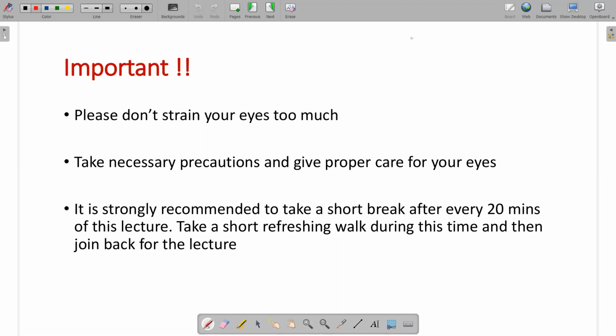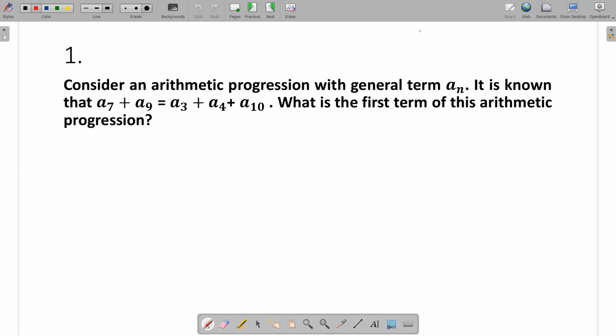Presenting in front of you the first question. Please read this question carefully. In this question, it is given that in an arithmetic progression, A N stands for the nth term.